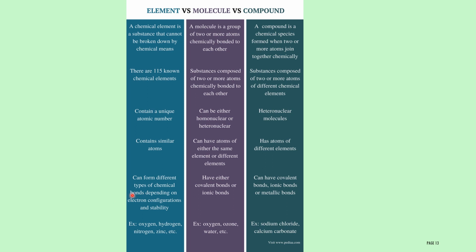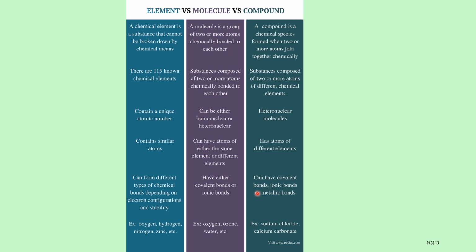An element can form different types of chemical bonds depending upon its electronic configuration and stability. A molecule has either covalent bonds or ionic bonds. A compound can have a covalent bond, ionic bond or metallic bond also.